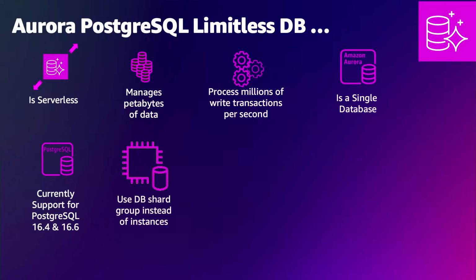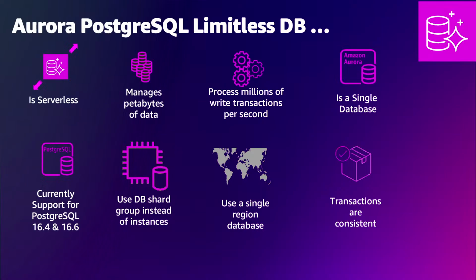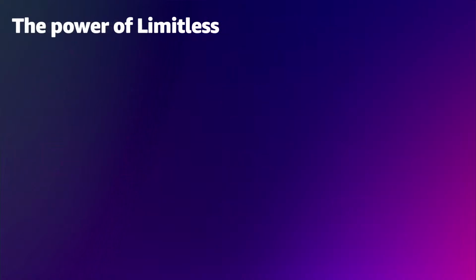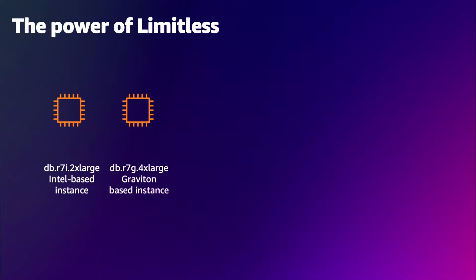And it uses shard groups instead of instances. It's a completely different concept, which makes this a bit special. And it's only available in a single region, so there are no global databases like in normal Aurora. And these transactions are consistent. So this is what Limitless is giving. If we compare what we had before, we had different instance types.